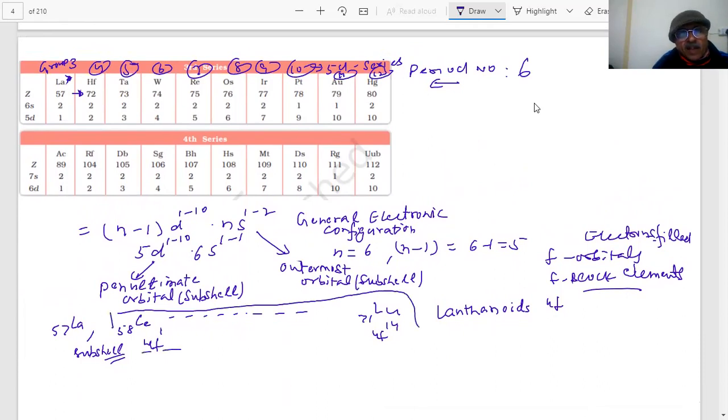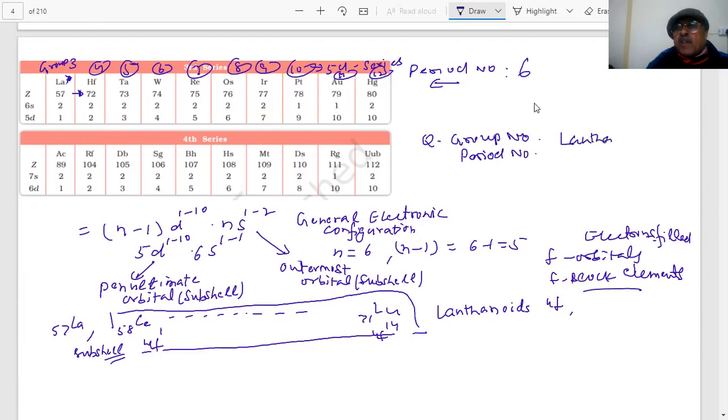And these are your lanthanides, students. How many will be there? 4F1 to 4F14. These are also called rare earth elements because they are present in very small amounts. So there will be 14 such elements. The question was, what is the group number and period number of lanthanoids?